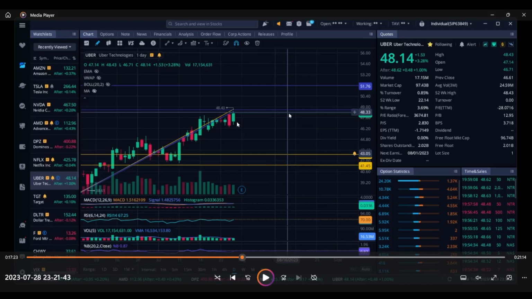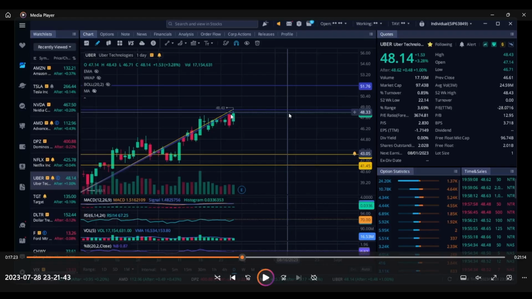And now the body, right here. This is where it opened and this is where it closed.